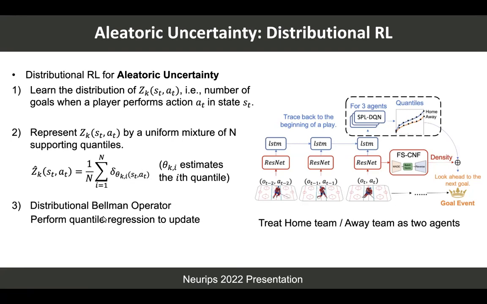Then we use quantile regression to update this value distribution. Because our data set is team sports, we have a home team and an away team. So we treat the home team and away team as two agents in our game, and we learn the value distribution for these two agents separately.